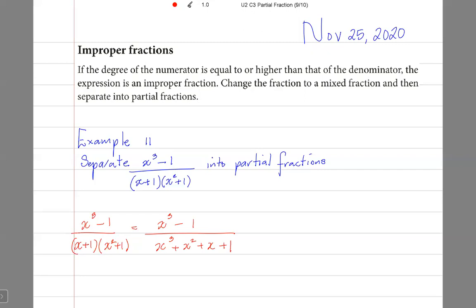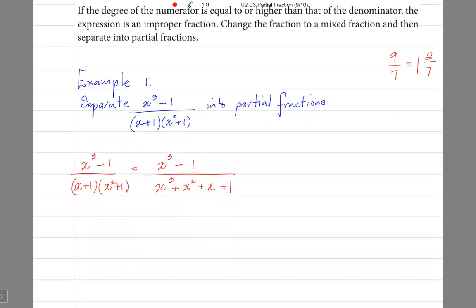Now, to convert this to a mixed number, we're going to divide, much like how we always convert an improper fraction to a mixed number. For example, with 9/7, you would say 7 goes into 9 one time, leaving a remainder of 2. Whatever the remainder is, you put it over the 7. The similar thing we're going to do: divide the numerator by the denominator, and whatever the remainder is, we put it over the denominator.